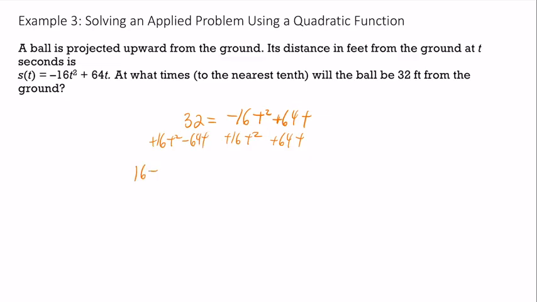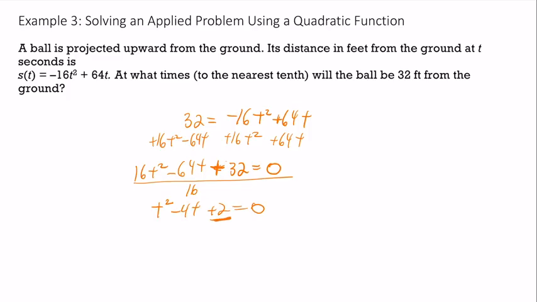So I've got 16t squared, now my leading coefficient is positive, which is what I wanted, minus 64t plus 32 equals 0. Sorry, I'm recording this while so many people are still in the office. It's a little distracting. Next I could factor out a 16, or I could divide everything by 16. That gives me t squared minus 4t plus 2 equals 0.